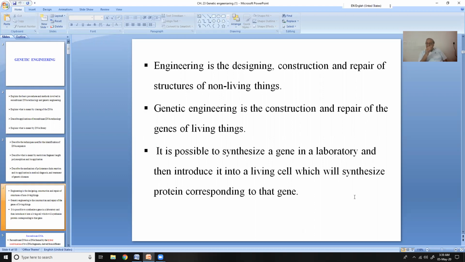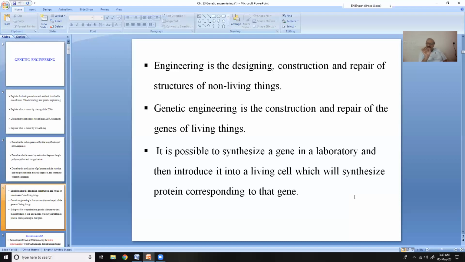A particular fragment of a DNA is the gene. A functional element of the DNA is the gene. So it is possible to synthesize a gene in the laboratory, meaning you synthesize an artificial DNA or rectify the DNA in the laboratory, which is a gene, and gene is the functional unit of a chromosome.